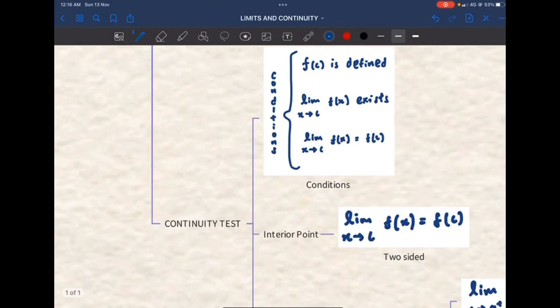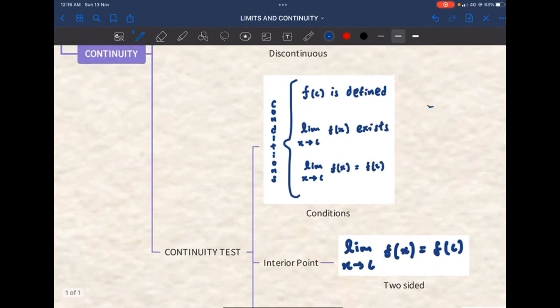For the continuity test, there are three conditions for it to happen. The first one is when we substitute the value of c into the function and the function is defined, which means it has a value and is not undefined. The next one is when the limit as x approaches c of f(x) exists. It also means the same thing, that it has a value.